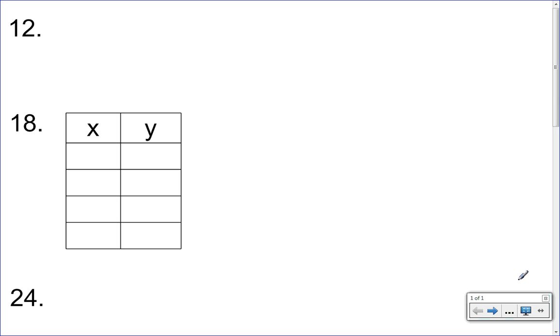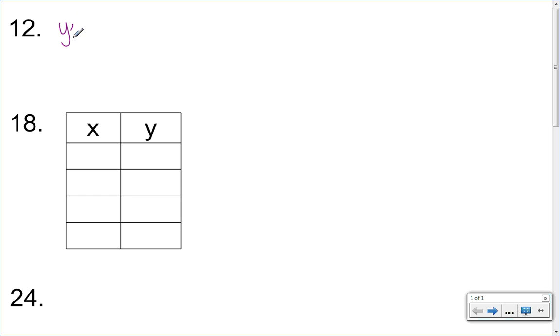Explain. Remember, in order for something to be a function, each x value, in this case year, must be paired with only one y value, in this case cost. So for this one, if you look at each of the values in the table, there's no x value, there's no year that's paired with more than one cost.